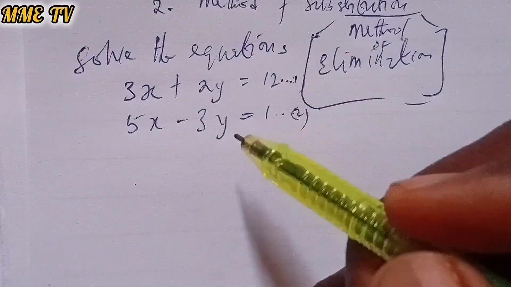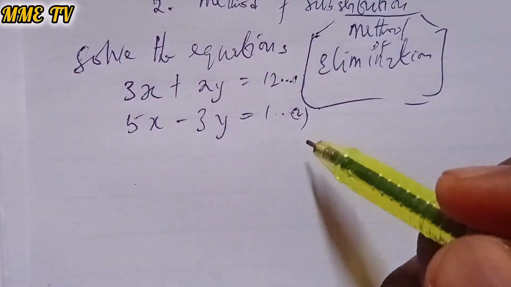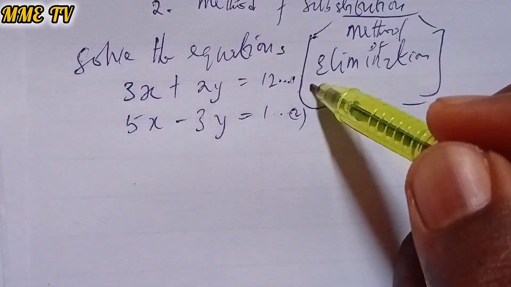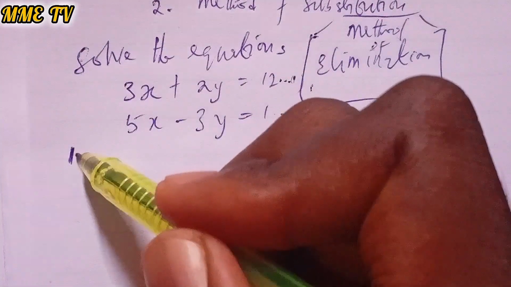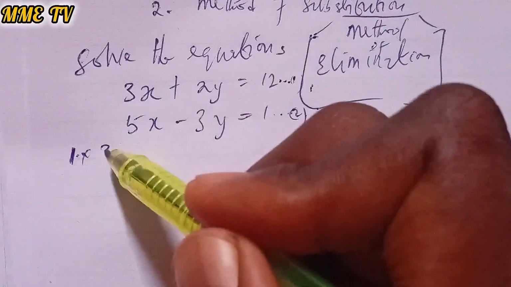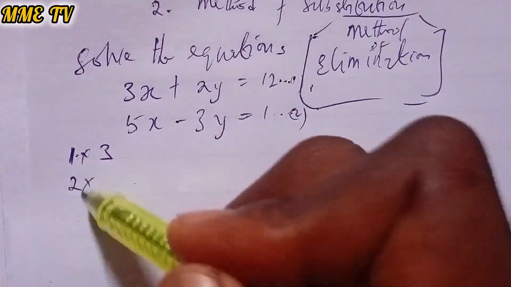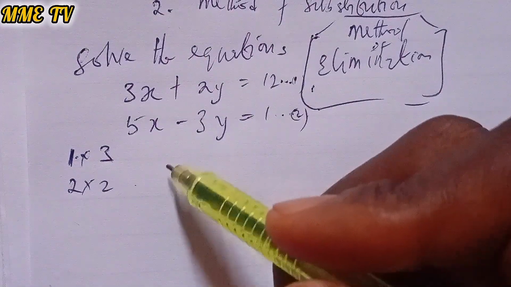So now I can choose to say, let's multiply equation 1 with 3 and multiply equation 2 with 2. You will see the changes it is going to bring.